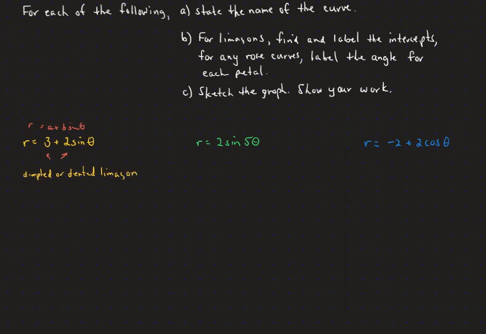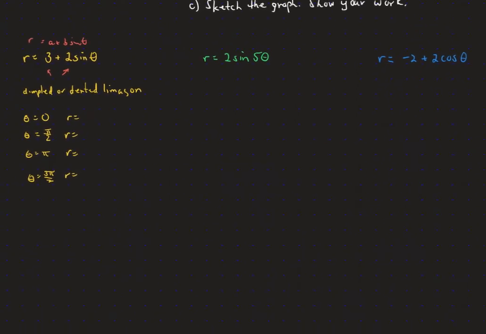So what we're going to do is, for limaçons, we're going to plug in 0 and pi over 2 and pi and 3 pi over 2 and see what that gives us for r. Then we'll plot those points and we'll try to figure out what happens from there. So at 0, sine of 0 is 0.